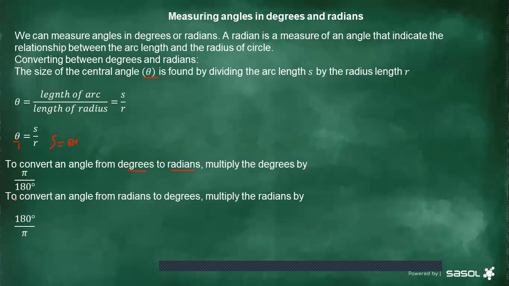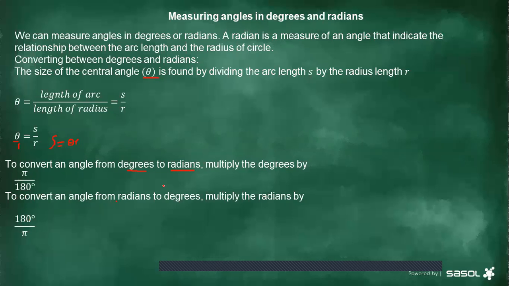And if you have to convert radians to degrees, then we multiply that radian by 180 over pi. But under this topic, we normally use radians, all right? We normally use radians to calculate anything.